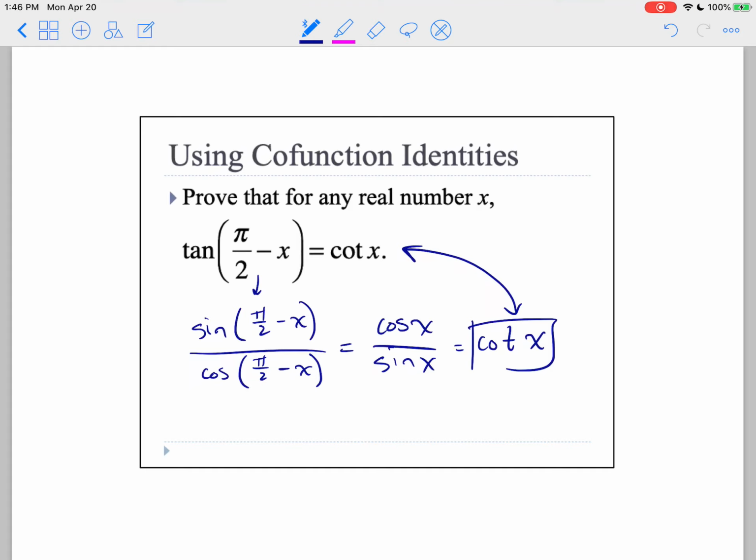I would like to take this opportunity, I didn't say it in the last videos for the last lecture, but when you're doing an identity proof, it's important that if you do get stuck, you just stop and write down, I got stuck. If you are doing algebraic stuff that looks good and you get stuck, that's okay.